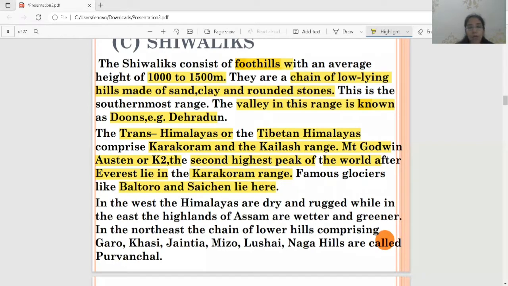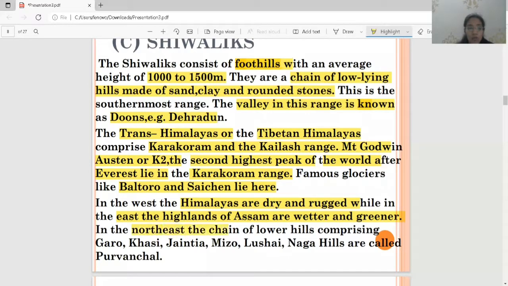If I talk about the Himalayas, they are dry and very rugged. But if you go to the eastern side highlands, that is in Assam, they are wetter and greener.